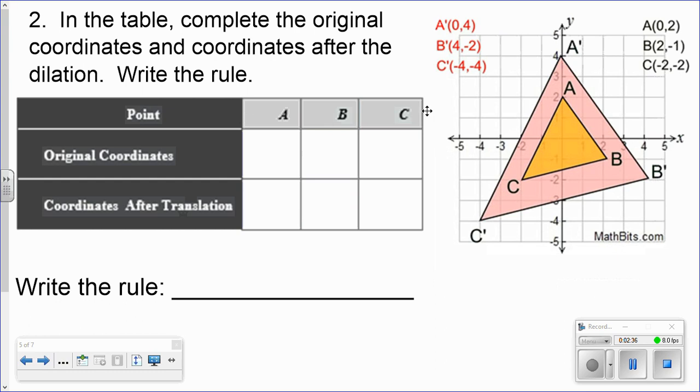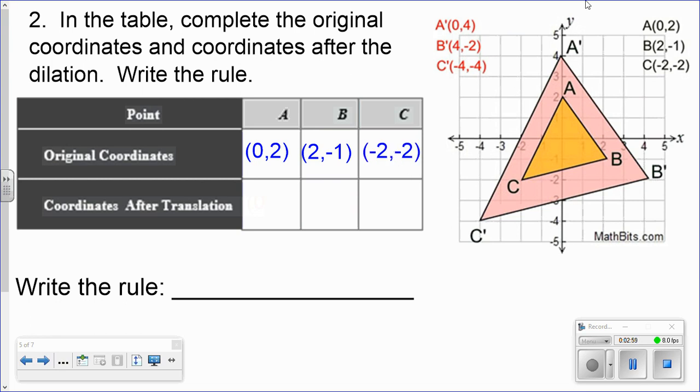So in the table, complete the original coordinates and coordinates after the dilation and write the rule. This time we can see the original is the orange triangle because it does not have prime symbols, and the new one is the prime. So the original coordinates are (0, 2), (2, -1), and (-2, -2).